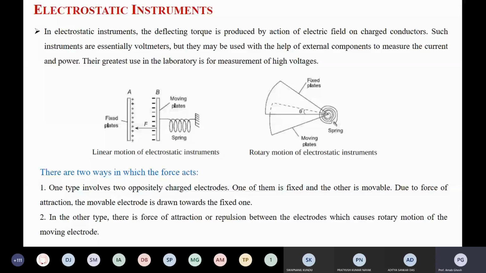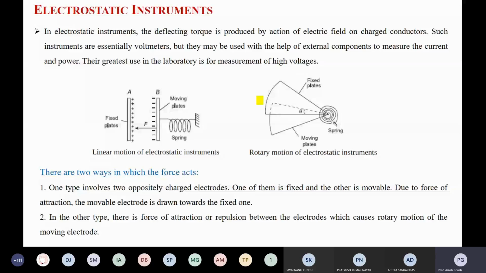In the electrostatic instrument, as in the previous instruments, one movable terminal and one fixed terminal will be there. In an electrostatic instrument, two plates are definitely required. One is your fixed plate, A, and one movable plate, B. The movable plate is attached with a spring.